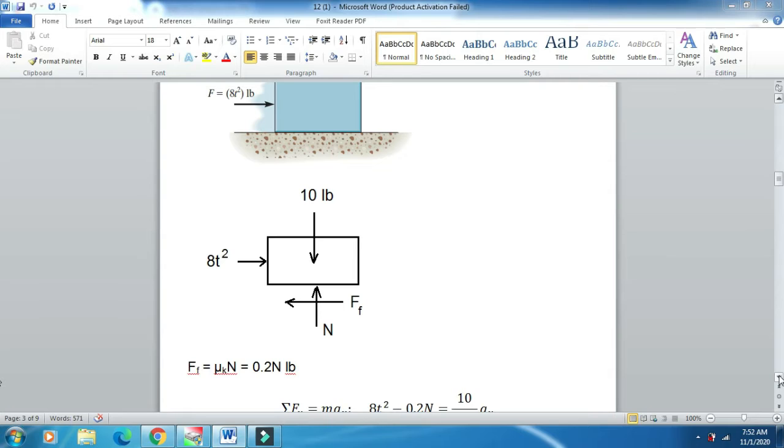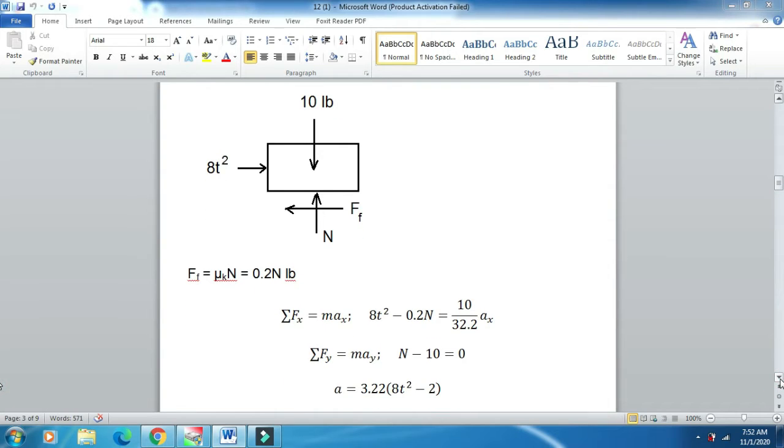Then there is weight of the block, which is 10 pounds, and there will be normal reaction, and due to friction effect there is friction force. The coefficient of friction is given, it is 0.2, and normal force is n, so friction force will be equal to 0.2 n.